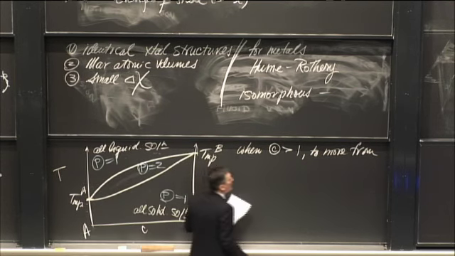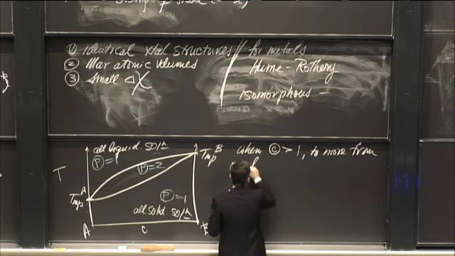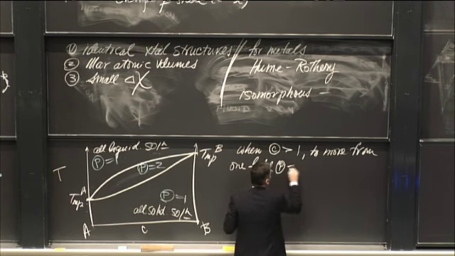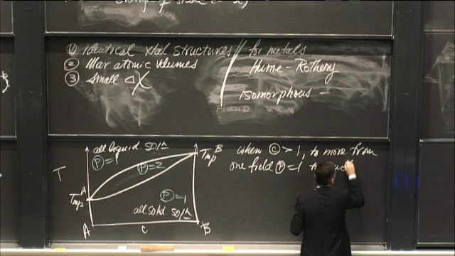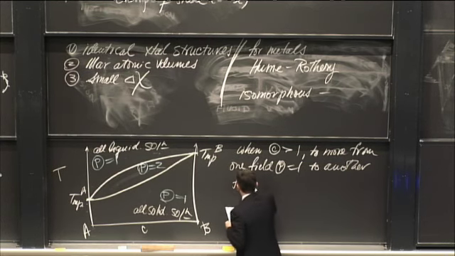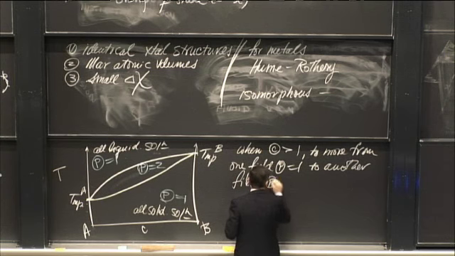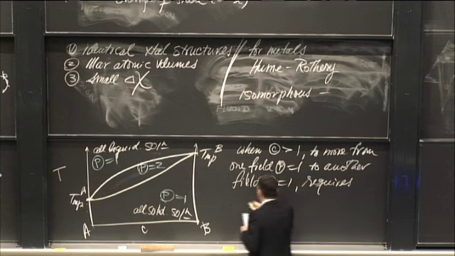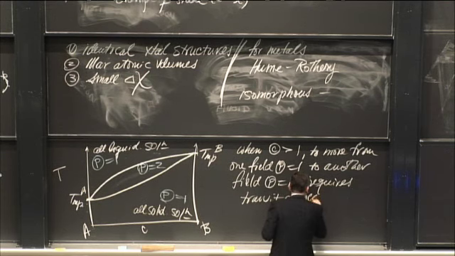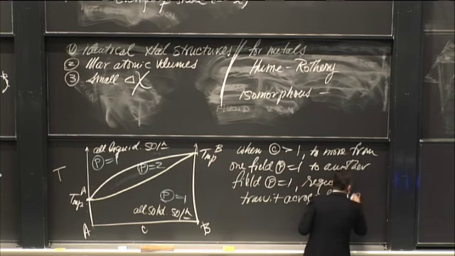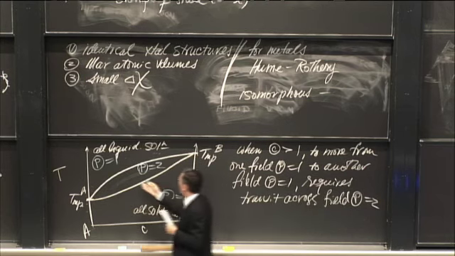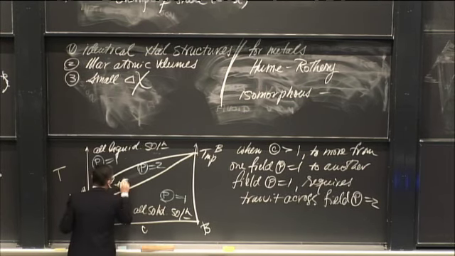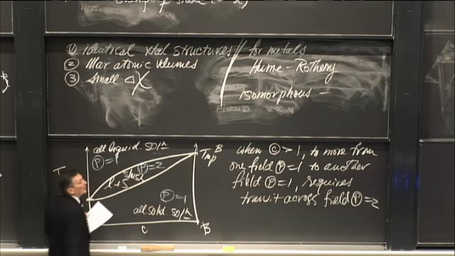And we'll get to that and what it means. To move from one field of P equals 1 to another field of P equals 1 requires transit across a field of P equals 2. And so what's in here has to be the end member. So this must be liquid plus solid. So I'm going to call it slush. So you have a slush in here.